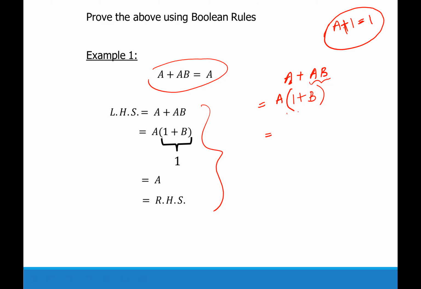So you can see here, instead of A, we have B. Whatever the value, after adding 1, the final answer becomes 1. So here you will get B plus 1 is equal to 1.